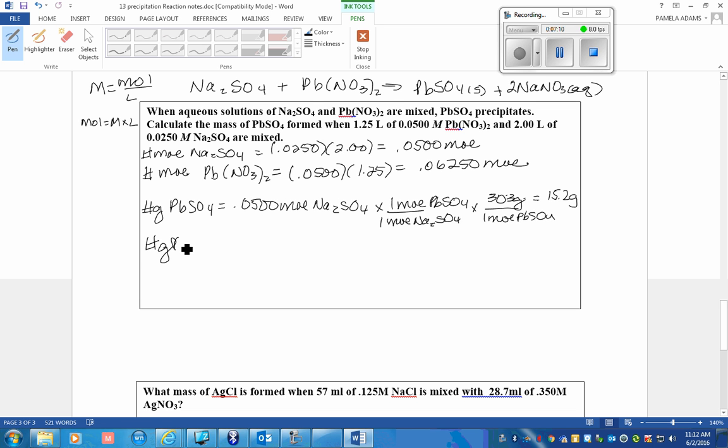The number of grams of lead 2 sulfate from the number of moles of lead 2 nitrate can also be determined using stoichiometry.